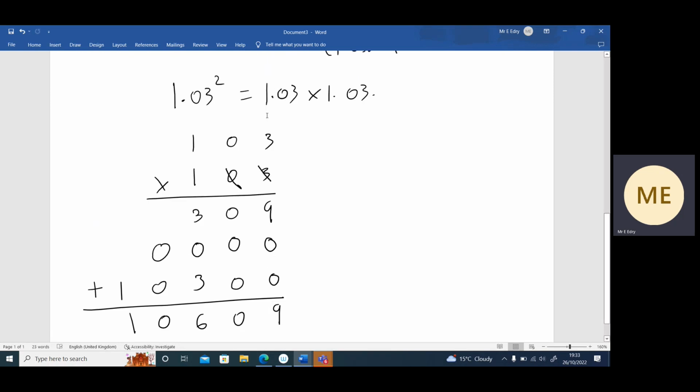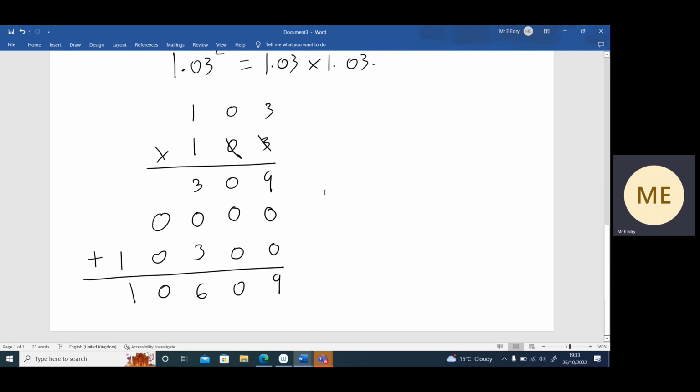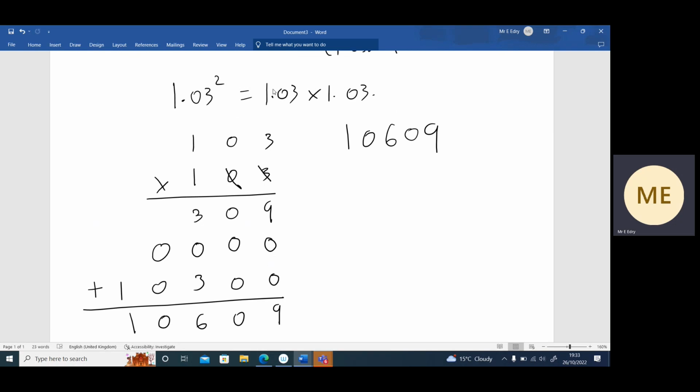So I can see that 103 squared is 10,609. So that means that 1.03 times 1.03 will be this number with the decimal moved back 4 places. 1, 2, 3, 4, giving me 1.0609.